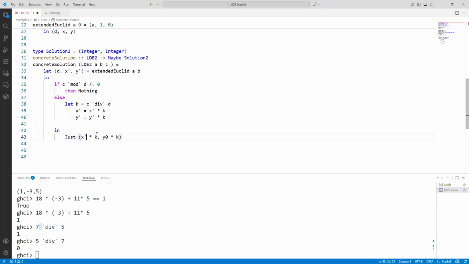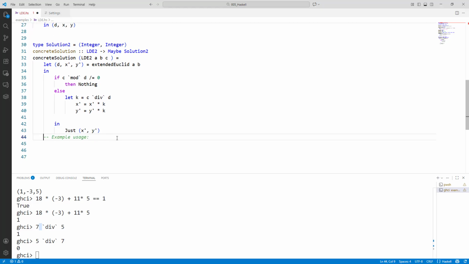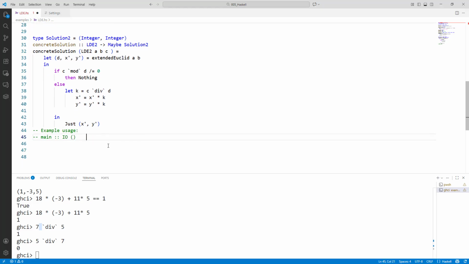I'm using X prime and Y prime. Should be okay. Example usage. Okay, Copilot is not helping me too much here.